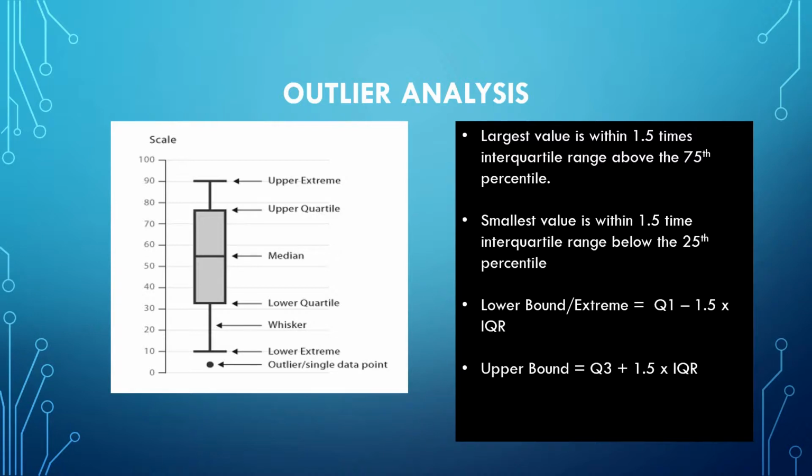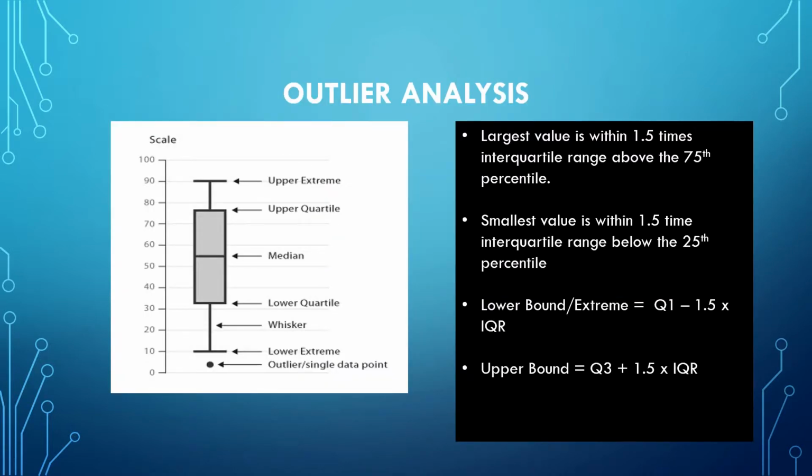For the upper bound, the formula is Q3 plus 1.5 times IQR. In this box plot, everything has been labeled properly. Everything lying above the upper extreme or below the lower extreme will be classified as an outlier, and that is the goal of our function.